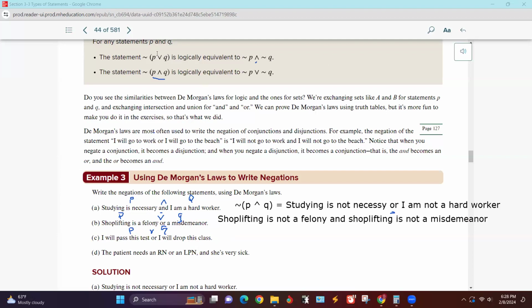We're negating the or statement. So it's going to be not P and not Q. So there's your negation of C.